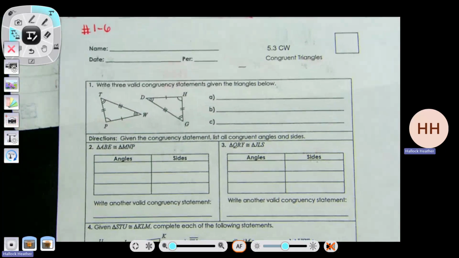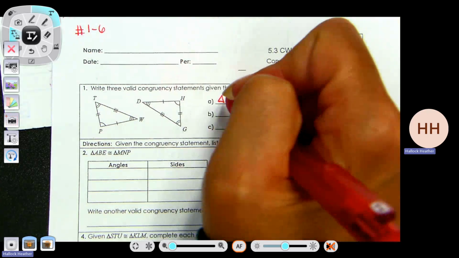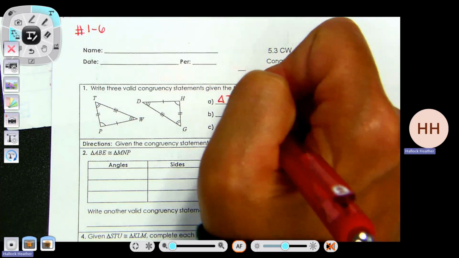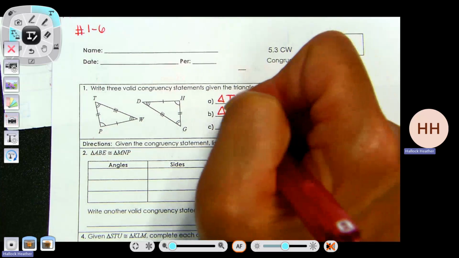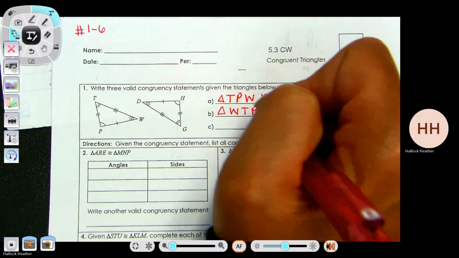The first couple questions, I'm going to fill out the congruency statement, like the first half, so that way you have the second half that you're just filling out. Does that make sense? Okay, so I'll fill in the first half of this so that you can just write the answers and finish the statement without having to think too hard about the first half.